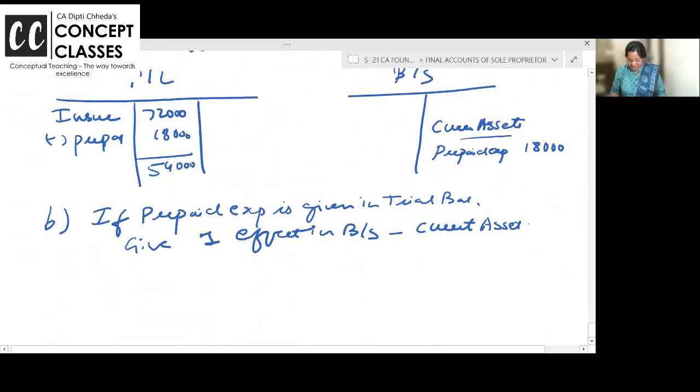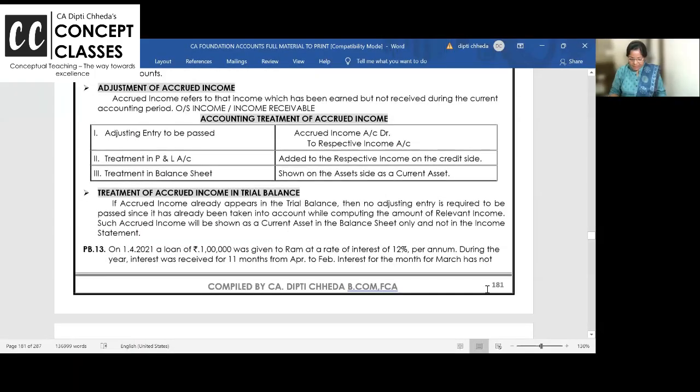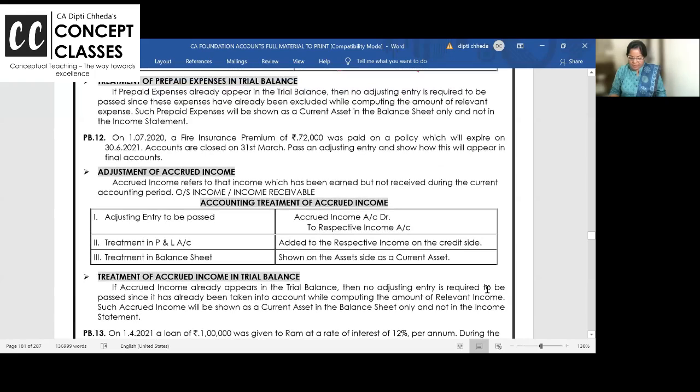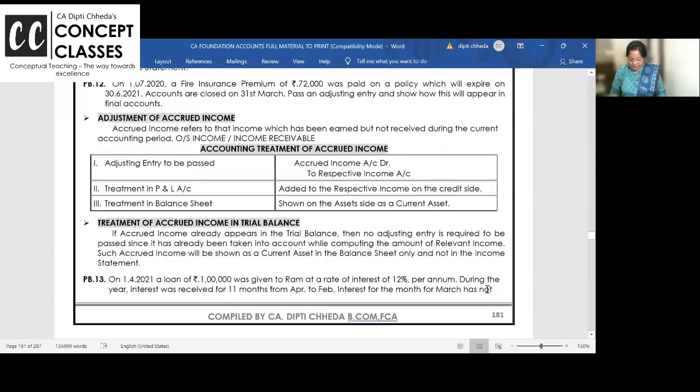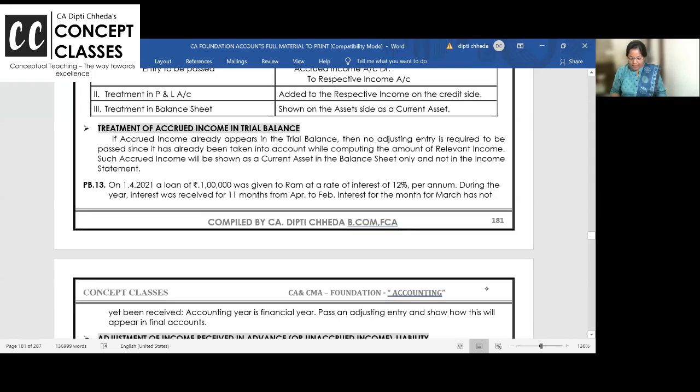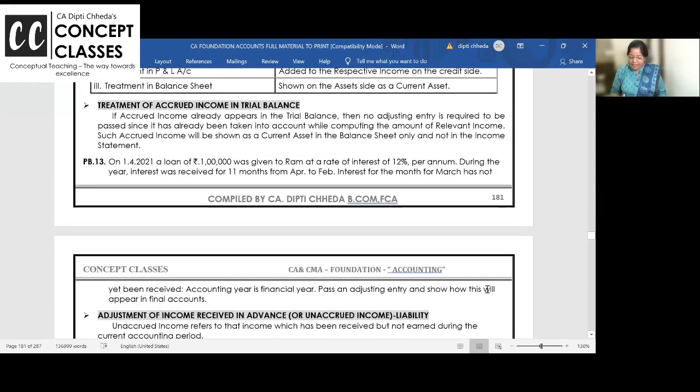12th problem. Chalo, let us take up now accrued income. Listen, accrued income is very important.